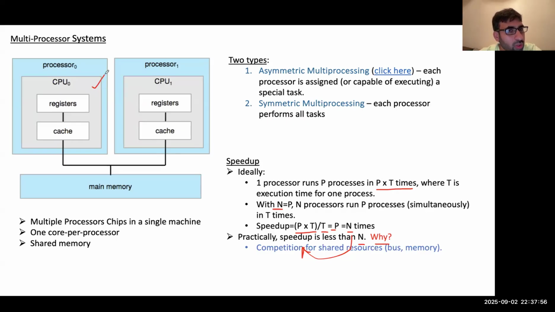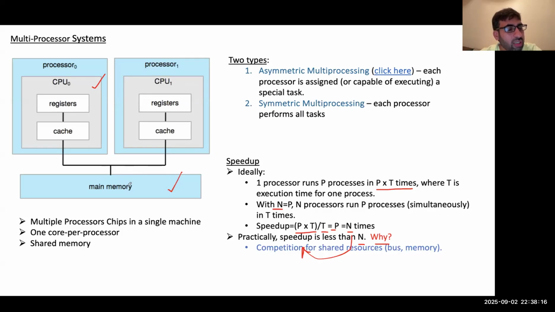CPU is only one of those resources. There are other resources also needed for the execution of a process, for example, memory, accessing the memory, or using the main memory bus, and other kinds of resources.